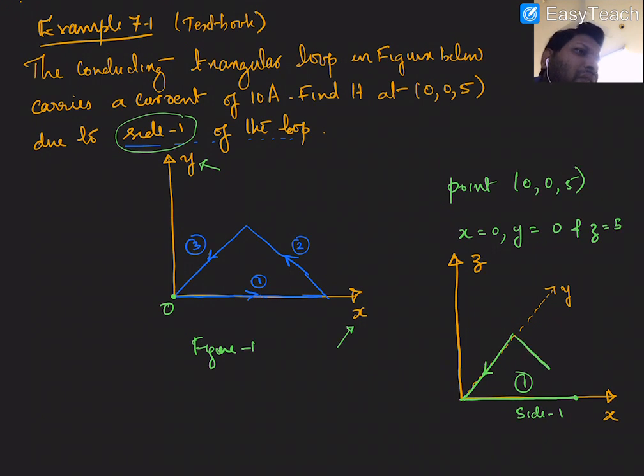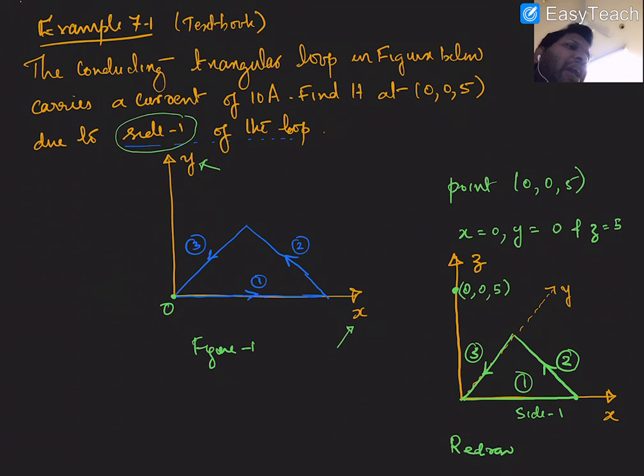So this is the actual picture, including the x, y and z axes. This is the loop, and we want to find where our point is. Our point is x equal to 0, y equal to 0 and z equal to 5. So we can redraw the figure like this.